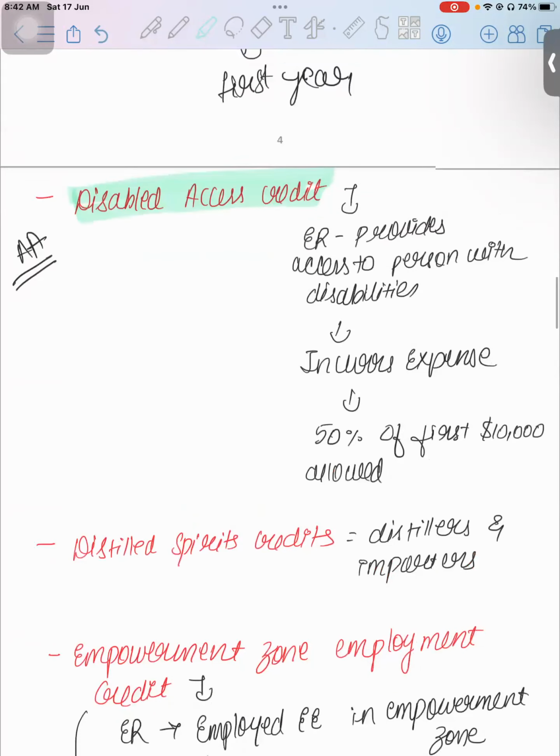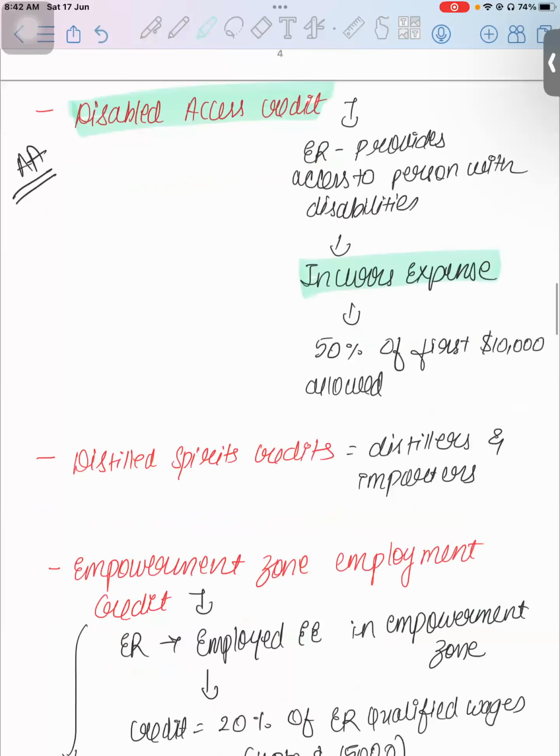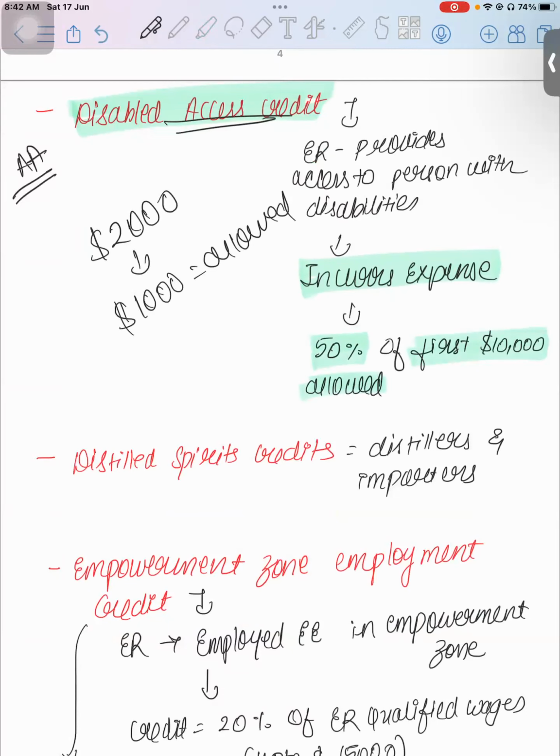So whatever expense the employer has incurred to provide the access to the disabled person, for that 50% of the first 10,000 will be allowed. Okay, so let's say you have incurred expense of only 2,000. So 2,000 into 50%, $1,000 will be allowed as a credit, disabled access credit.